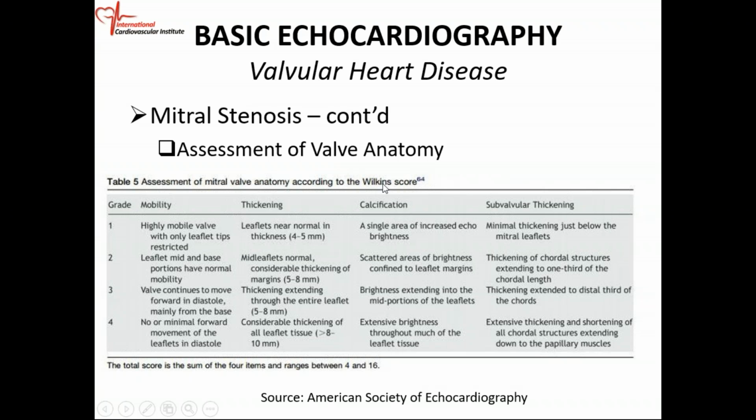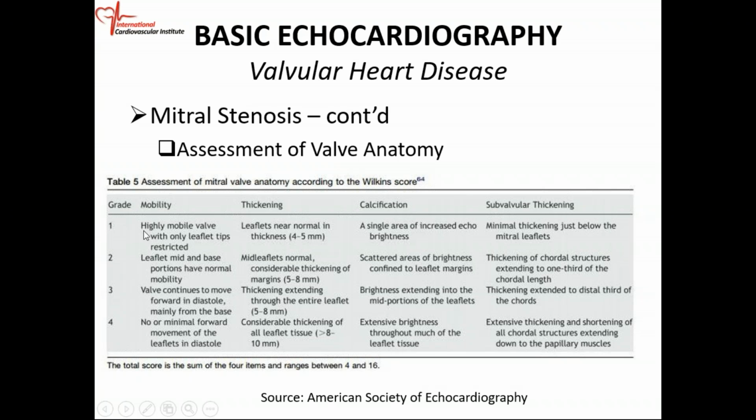And this is called the Wilkins score, okay? The Wilkins score. And we look at the mobility of the valve, thickening, calcification of the valve, and then subvalvular thickening, okay? So there is a grade from 1 through 4.